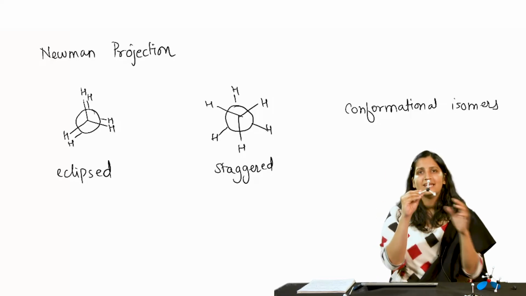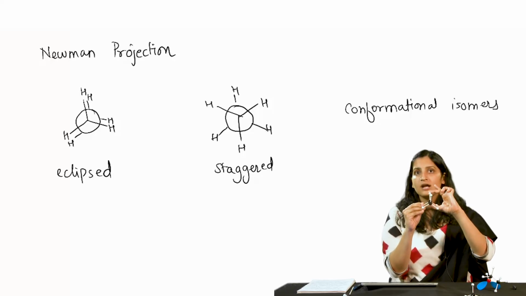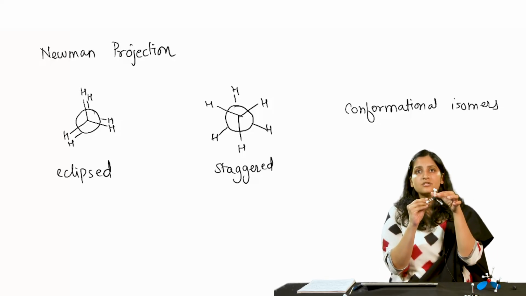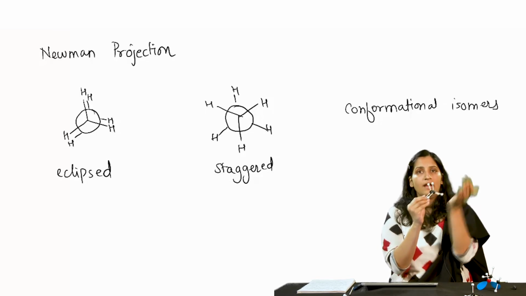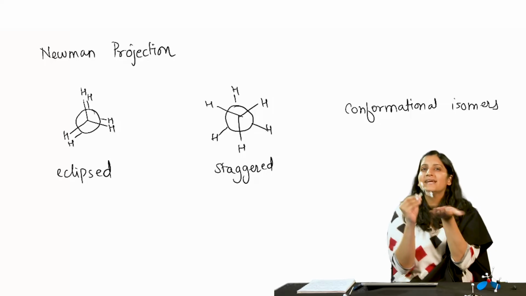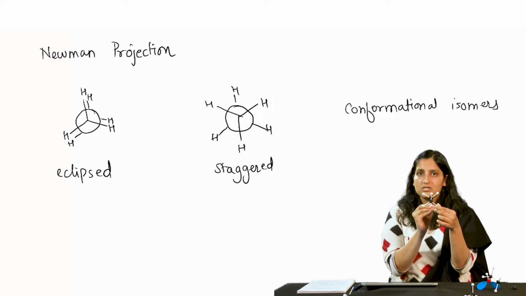So, you can say that approximately a carbon hydrogen bond eclipsing with another carbon hydrogen bond has an energy of about 1 kilocalorie per mole, and together I have 3 of these interactions. So, I have a 3 kilocalorie difference between the eclipsed and the staggered conformation.